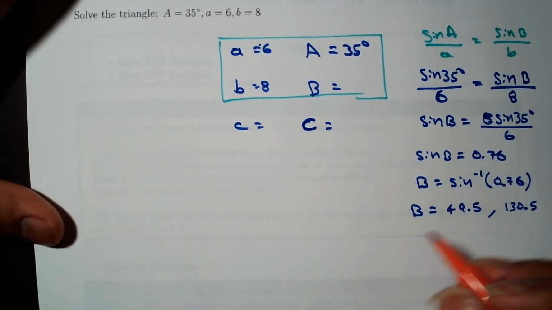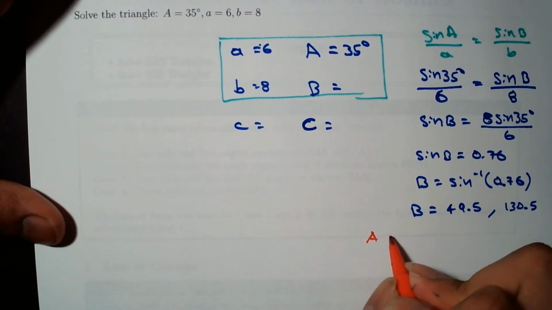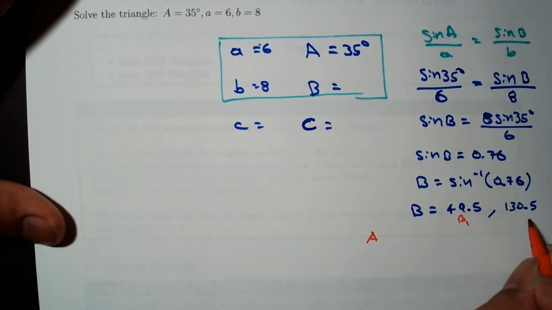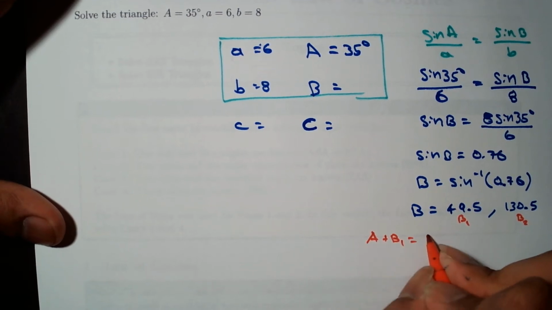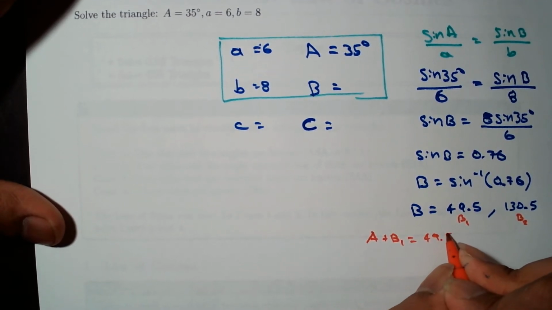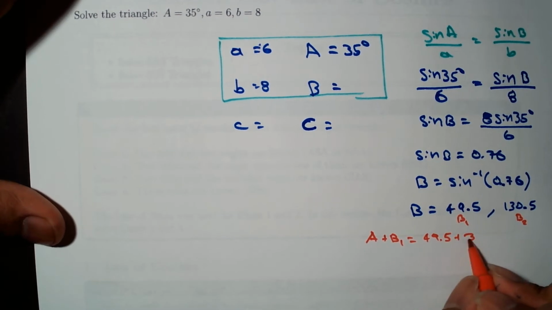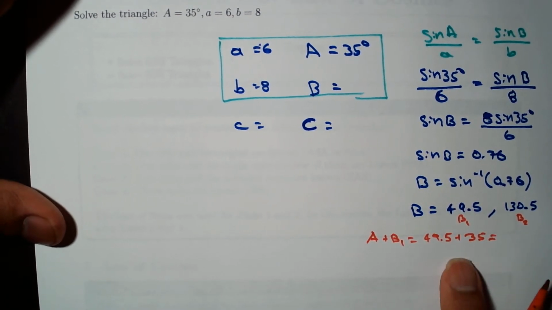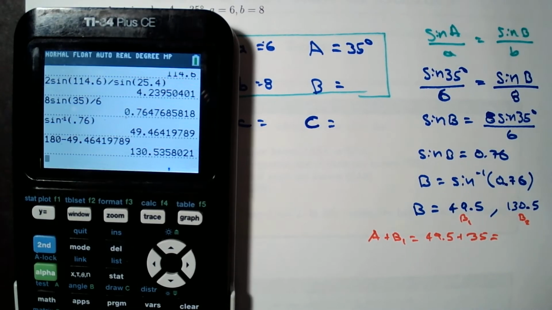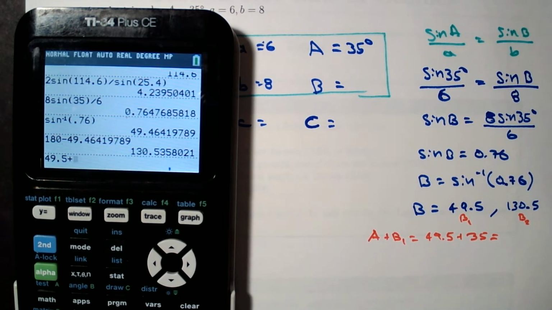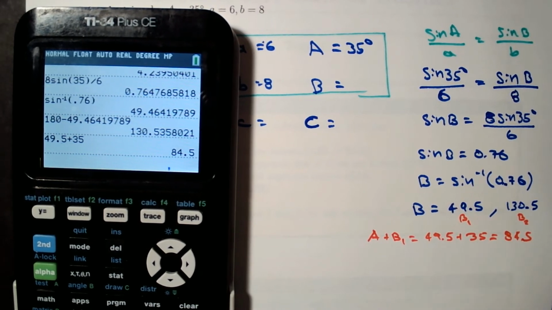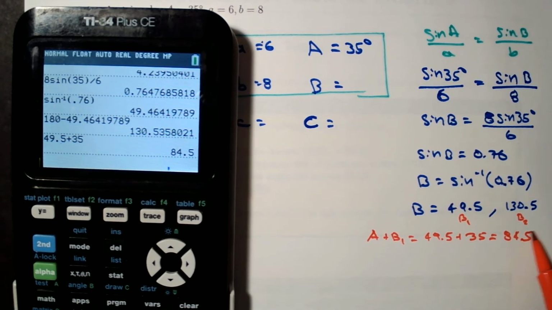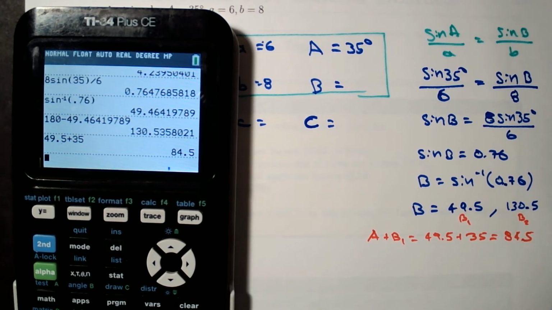So in this case, A plus B1 equals 49.5 plus 35, which equals 84.5. So we're good in this case because this angle is under 180 degrees.